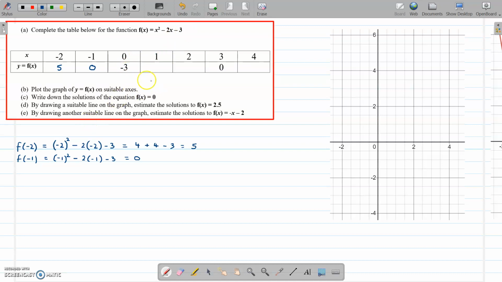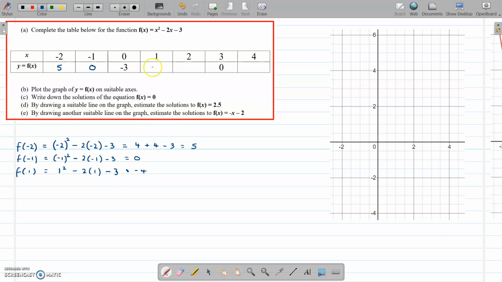Now we put 1 in. It gets a bit easier with the positive numbers. So let's do them all. f of 1 is equal to 1 squared. No brackets needed now because it's a positive number. Minus 2 lots of 1, minus 3. Well, that's going to be 1, take away 2, which is minus 1. Minus the 3 is going to take us to minus 4.